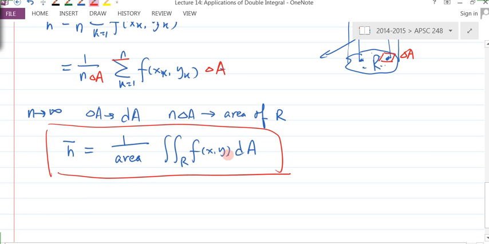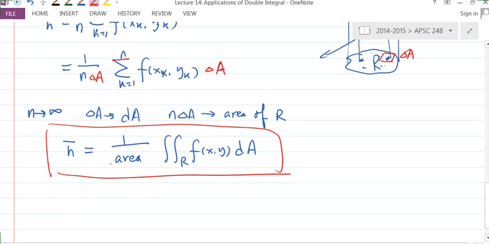You pick every point in the region R and plug it into the function f, you add them all up and divide by the total area, and that gives you the so-called average value of the function over region R.